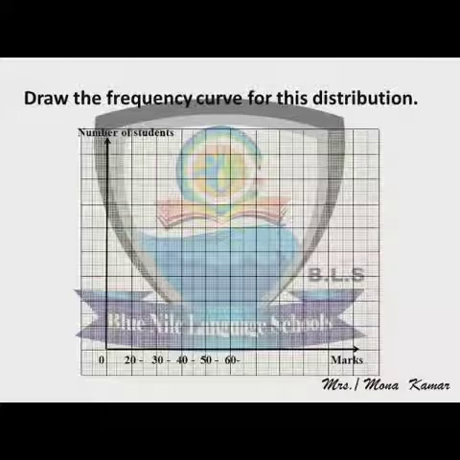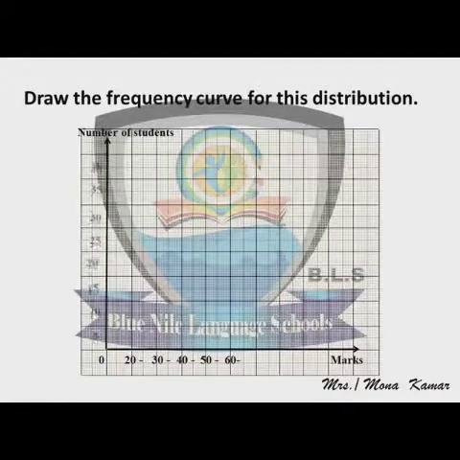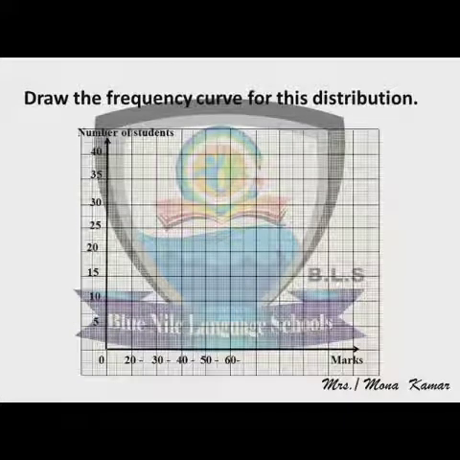And on the vertical axis, we put number of students. We want to reach number 40, so we write the numbers divisible by 5: 5, 10, 15, 20, 25, 30, 35, and 40.